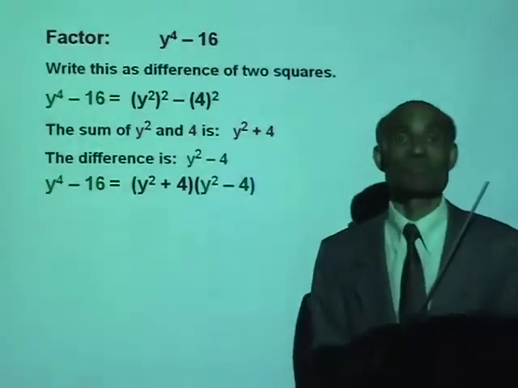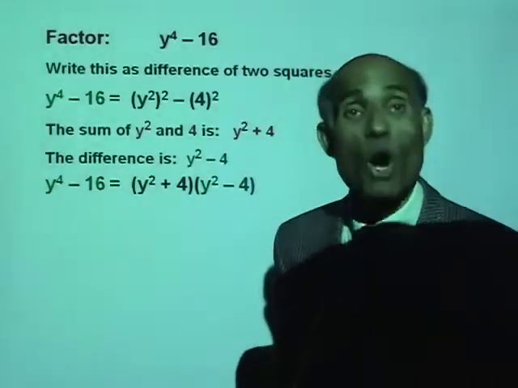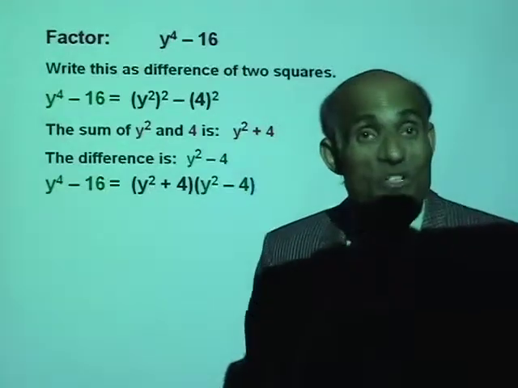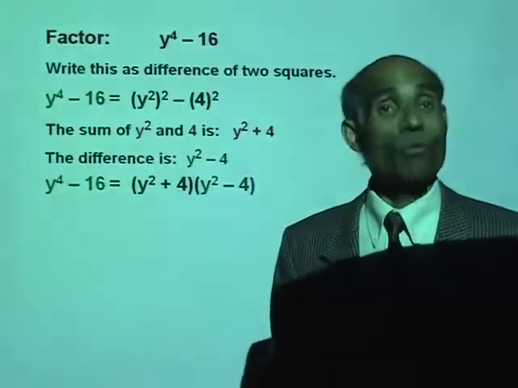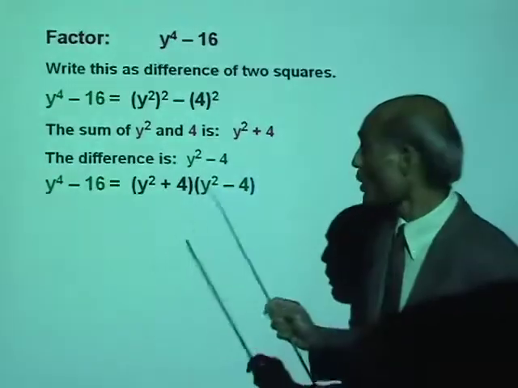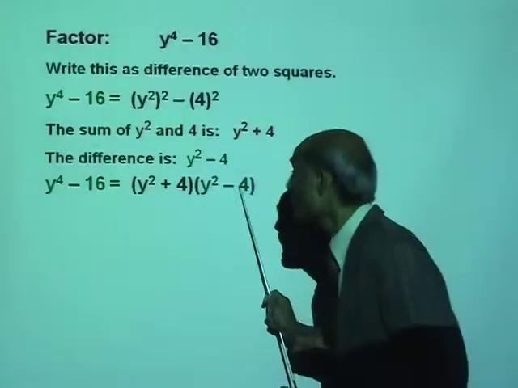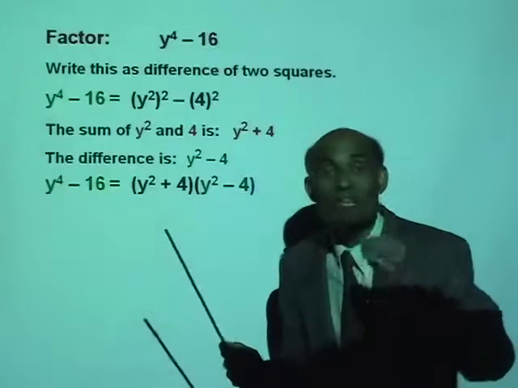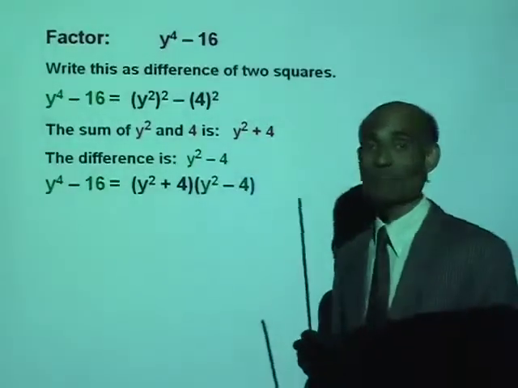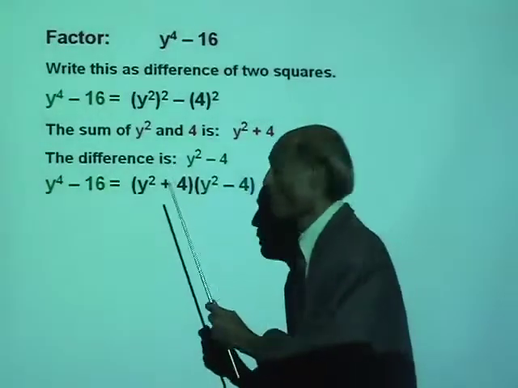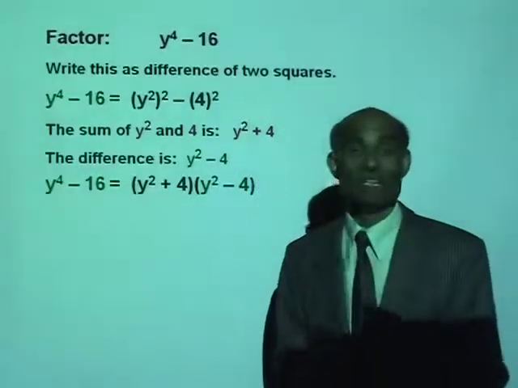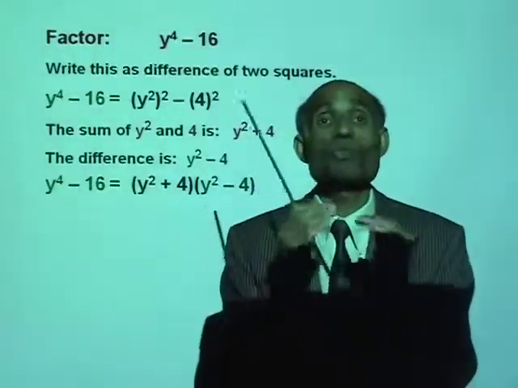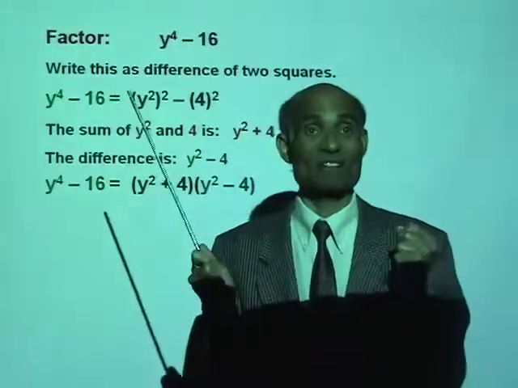Now, is it over? Have we finished factoring it? Well, apparently not. Why not? Because y squared minus 4 can still be factored. You see, you must understand y squared plus 4 cannot be factored. The sum of two squares cannot be factored.